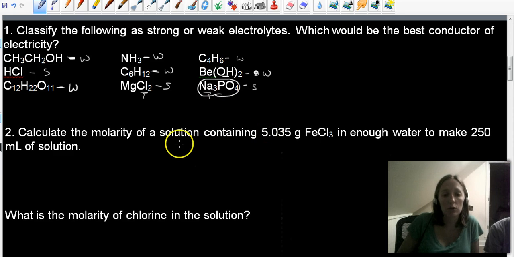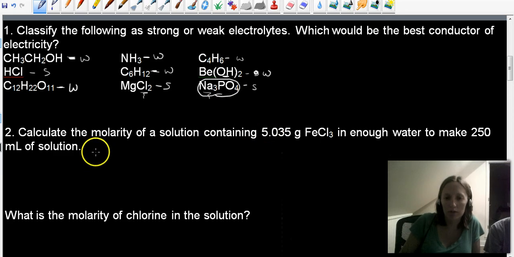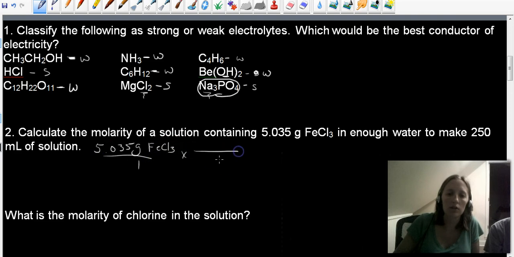All right, calculate the molarity of a solution containing 5.05 grams of iron 3 chloride and enough water to make 250 mL of solution. That's going to be, you need to figure out how many moles that is. So 5.05 grams of iron 3 chloride. Bring down your unit.